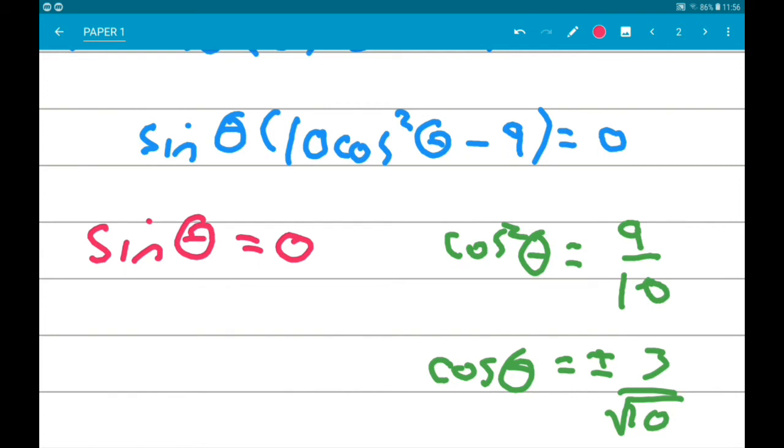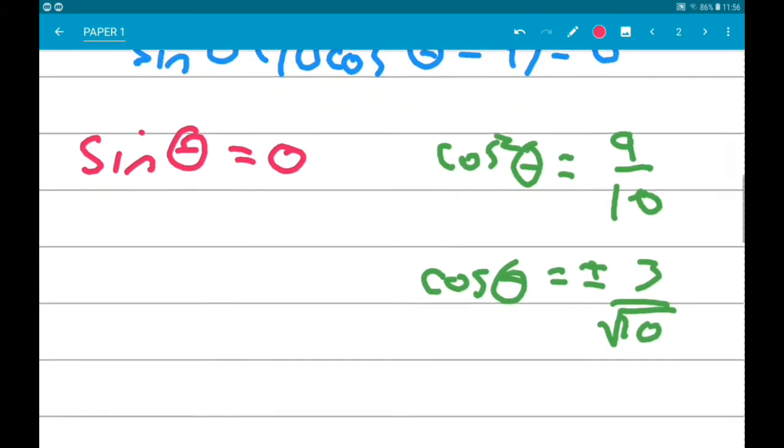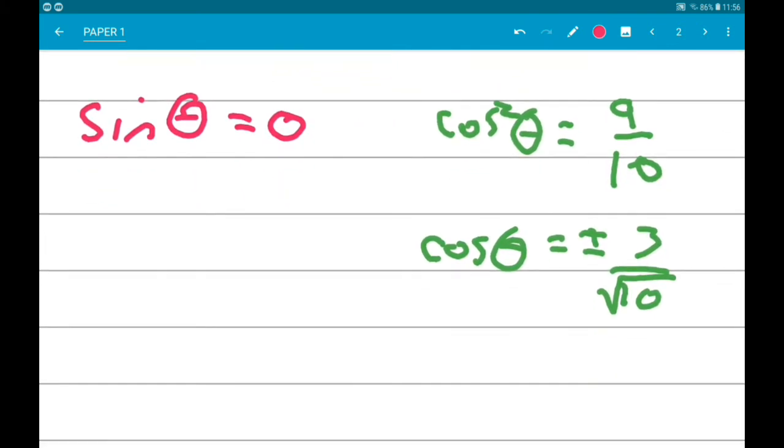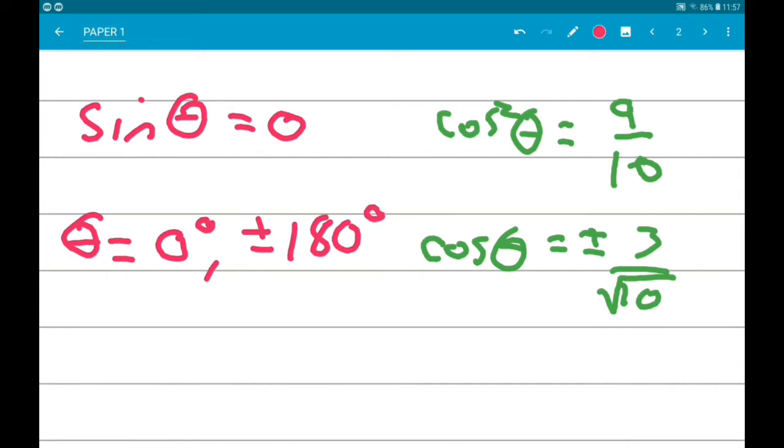So that tells us that theta is 0 and plus or minus 180. So that's 3 solutions.